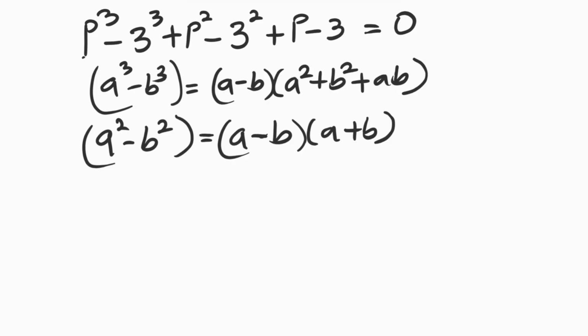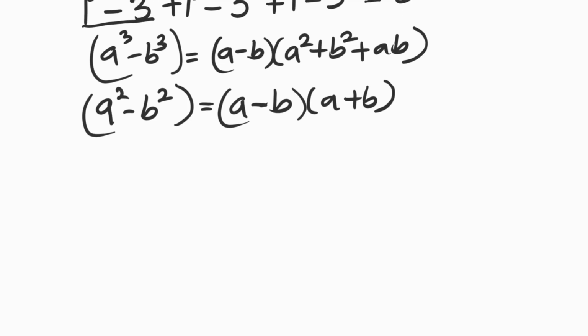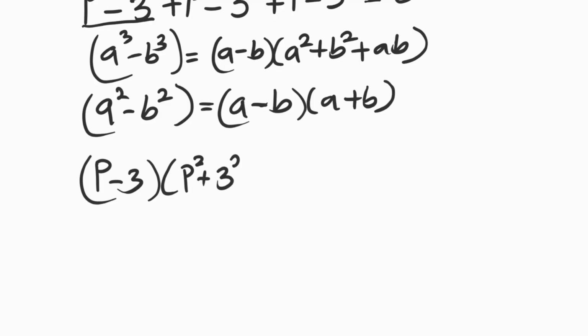So for p cubed minus 3 cubed, it becomes p minus 3 into p squared plus 3 squared plus 3p.